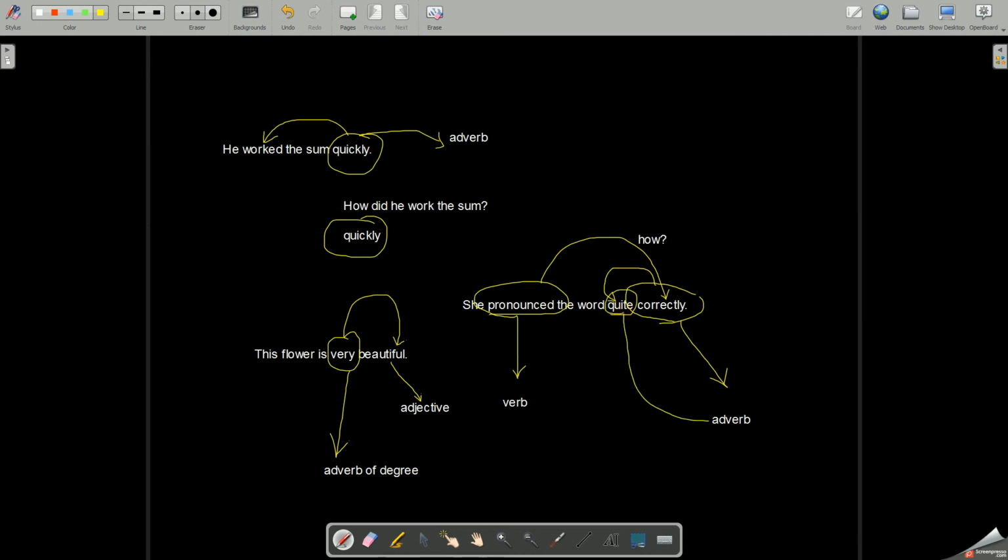Quite is also another adverb which describes this adverb, that is correctly. So you can see that in the first sentence, the adverb describes a verb. In the second sentence it describes an adjective, and in the third sentence it describes an adverb. So this is what is an adverb.